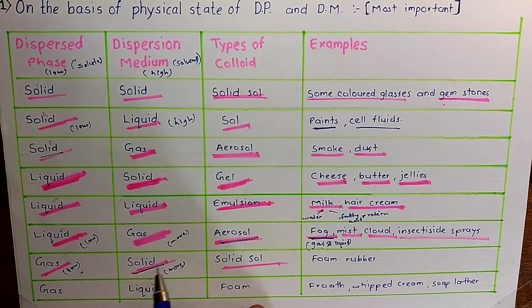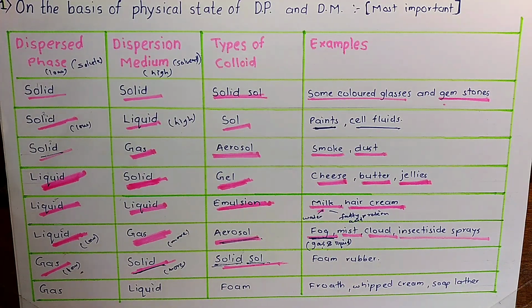We have solid as the dispersion medium, which means its physical properties will look like a solid. Here it is a solid, so it becomes a solid sol. An example is foam rubber.